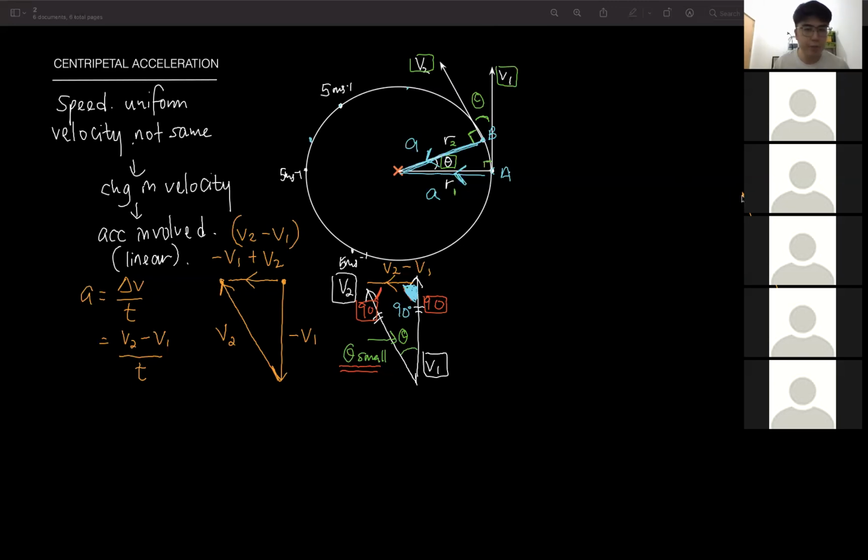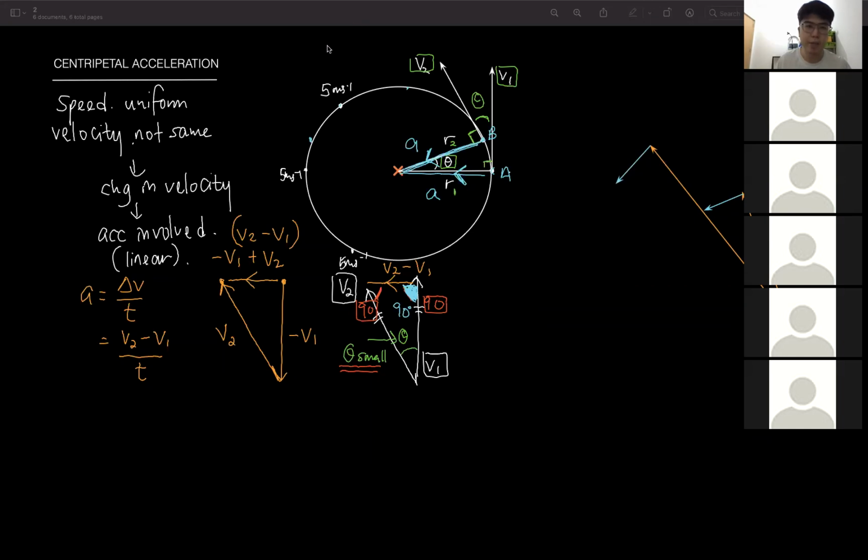Then there's a change in velocity, right? Change in velocity means acceleration, perpendicular to this velocity vector. So the new velocity would now be over here. Again, there is a change in velocity, so the acceleration is perpendicular to the velocity vector.